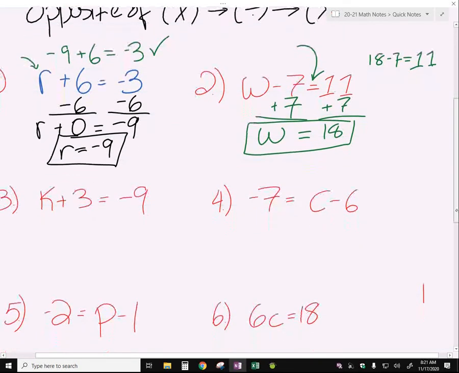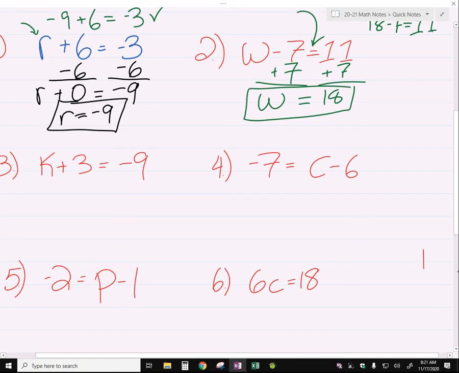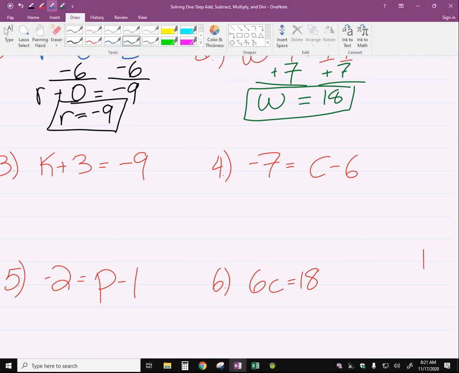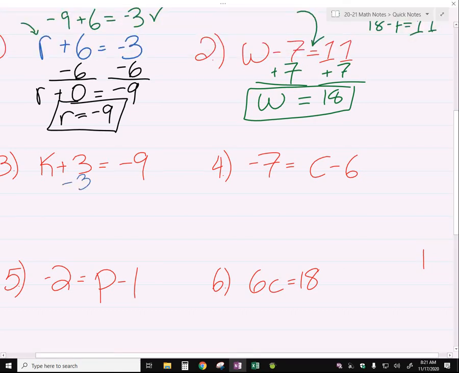Let's do another addition problem. K, what's happening to it? It's being added by 3, the integer 3. So to undo that, I need to subtract 3 from both sides. Minus 3. Minus 3. So I just get K equals negative 9 minus 3.